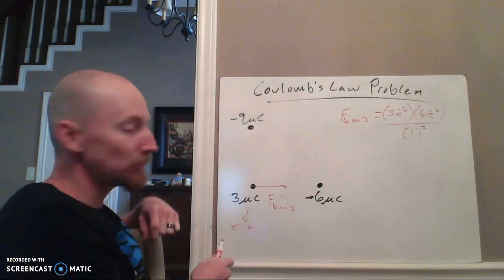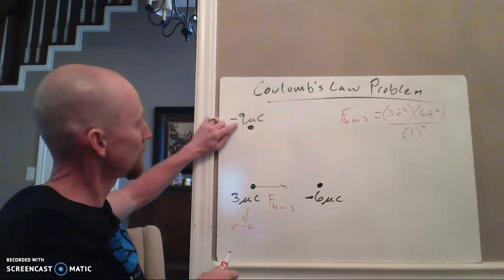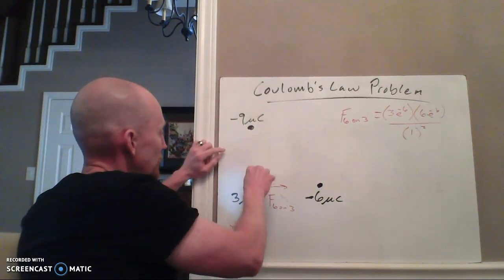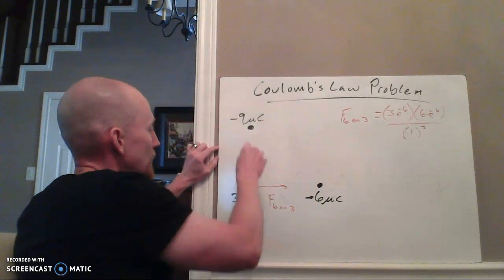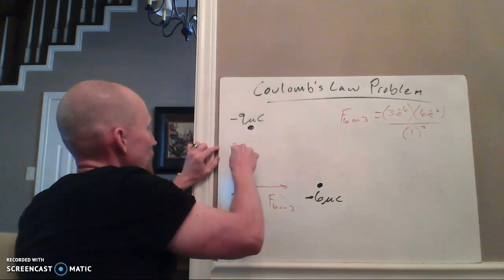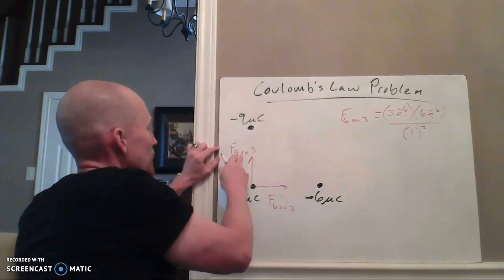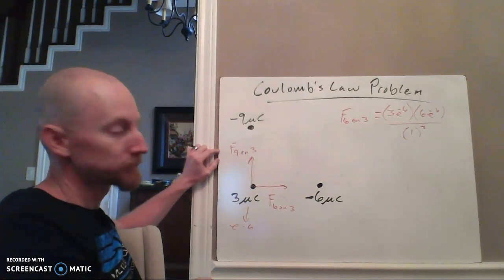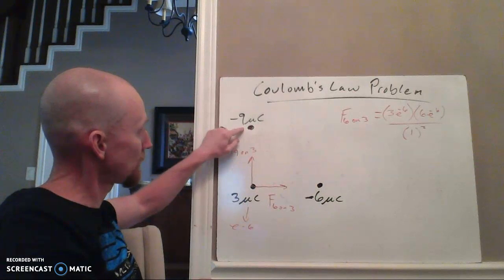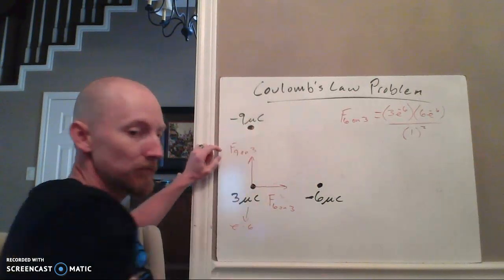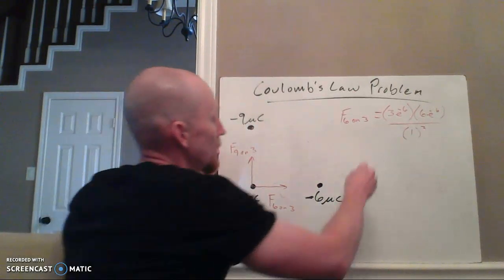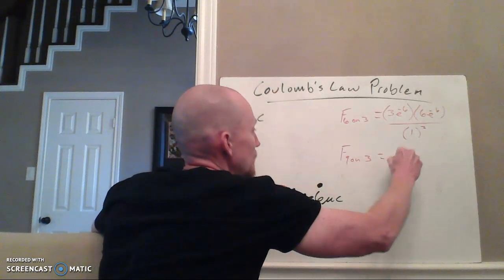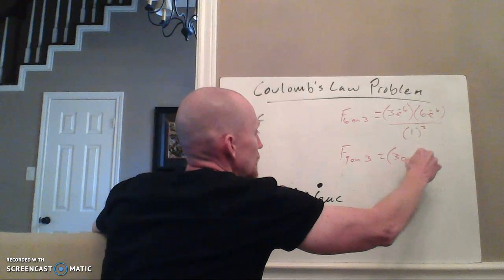Now, the next piece is, what is this one doing to this guy? Well, this one would make it go that way. And that's the force of 9 on 3. Wouldn't this one be attracted to that one, go that way? And so I'd have to do this again. So the force of 9 on 3, right?